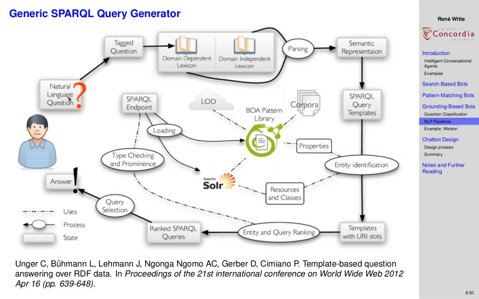So you come with a natural language question, you go through this natural language processing pipeline that we talked about. You do part of speech tagging. Possibly if you have a specific domain, like biology or technology or business, you can enhance this with domain-dependent information. You feed this into a parser. You get the semantic representation of the sentence.